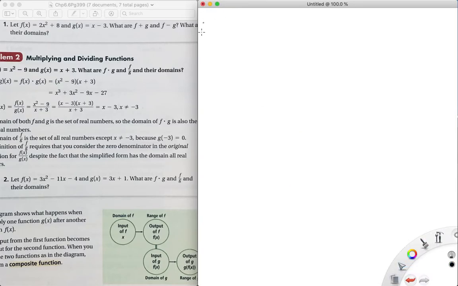Okay, for the next problem, we have that f of x is equal to 3x squared minus 11x minus 4, and g of x equals 3x plus 1.